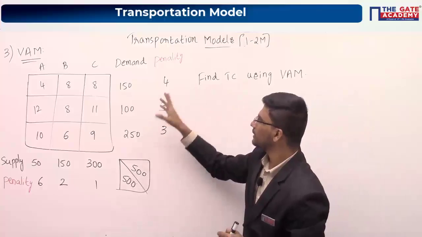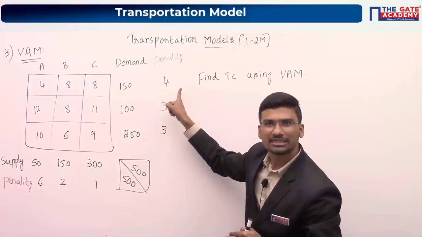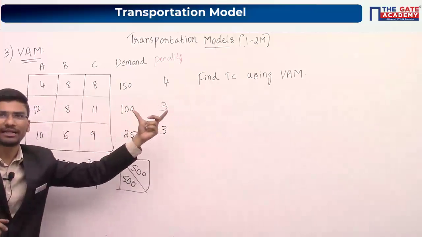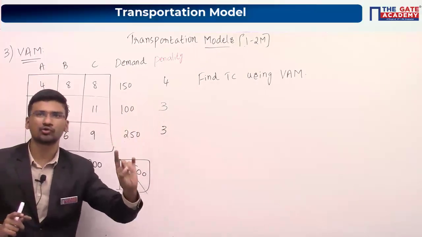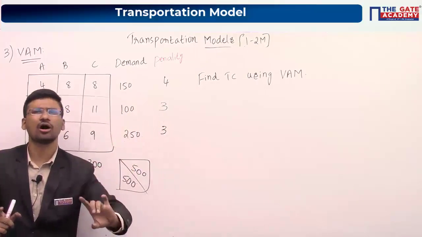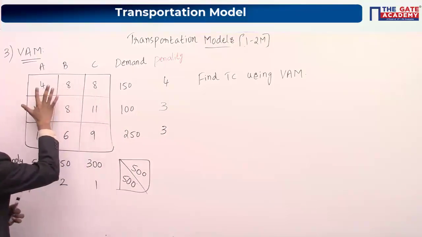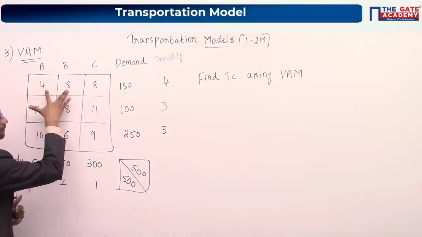Let's come to this particular row. What is the definition of penalty here? It is the difference between the two least costs in a row or in a column. So in this row, the penalty is the difference between, let us say, these two.